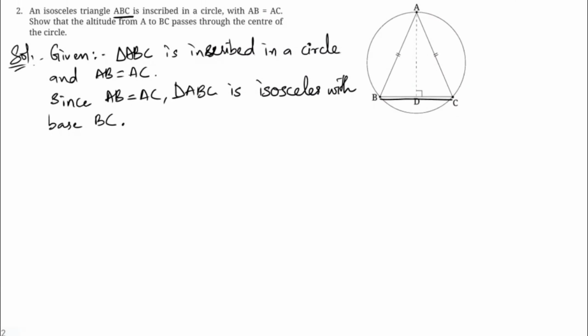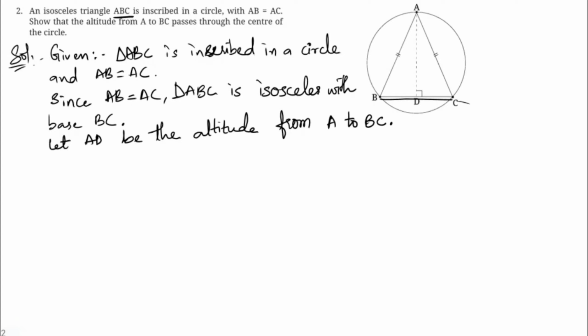Here we will take AD as the altitude from A to BC. Then AD is perpendicular to BC. Now with this we can see two triangles, triangle ABD and triangle ACD.